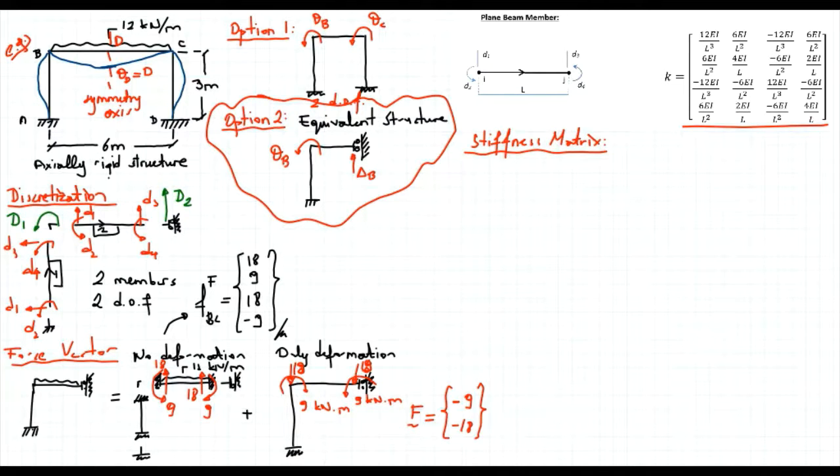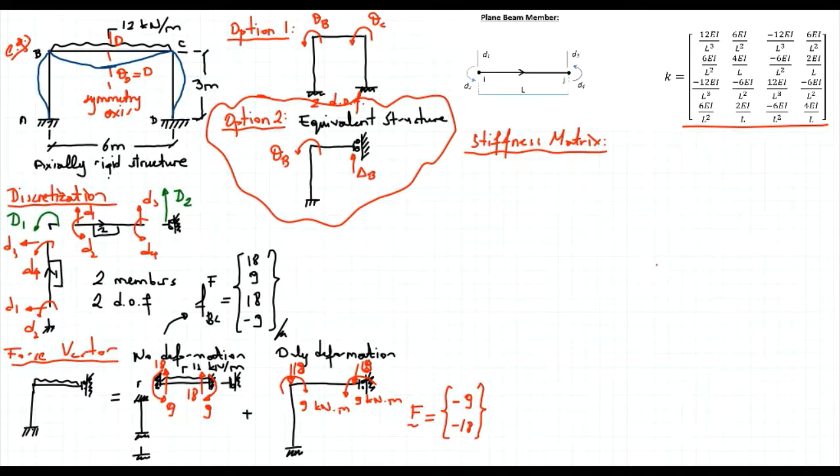And again, if you examine this discrete version of the structure, as you see all the degrees of freedom, the members' degrees of freedom and the structure's degrees of freedom, they are all in the same direction. So if that's the case, I don't have to draw any free body diagram. All I need to do is to figure out the contributions coming from each member to the structural degrees of freedom and add them up.